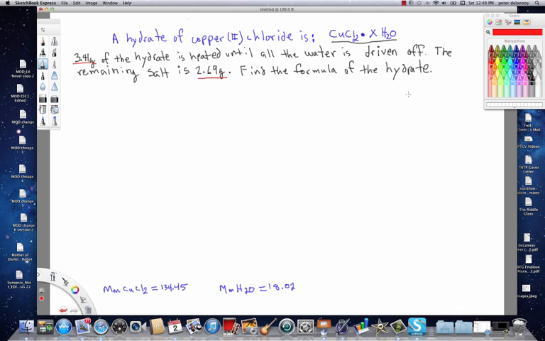Now, in a practical sense, the way an experiment works like this is you've got a little glass dish that's called a crucible.